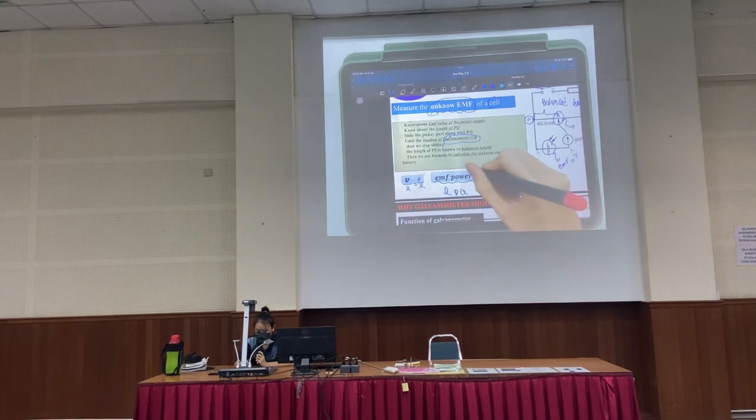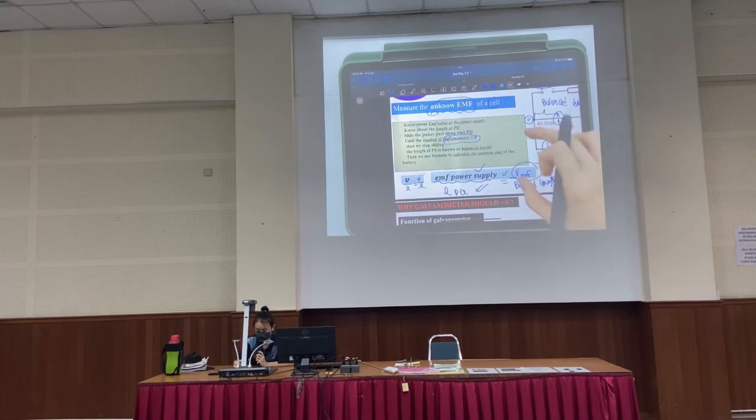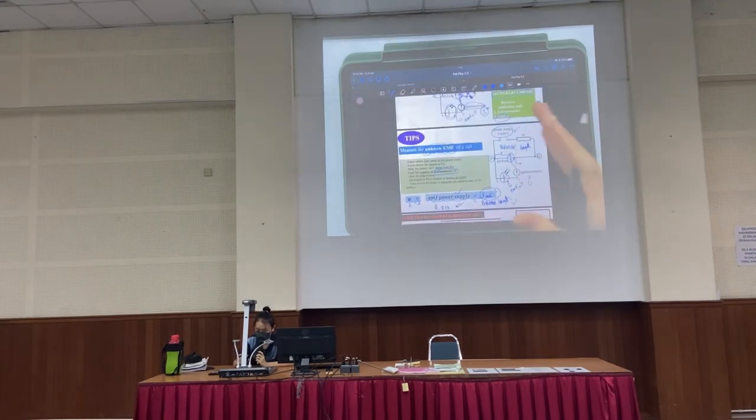Then we can calculate this. This is the basic working principle of this potentiometer.